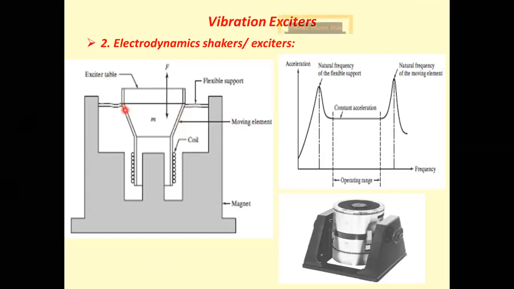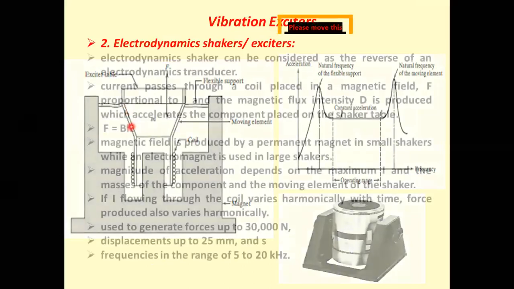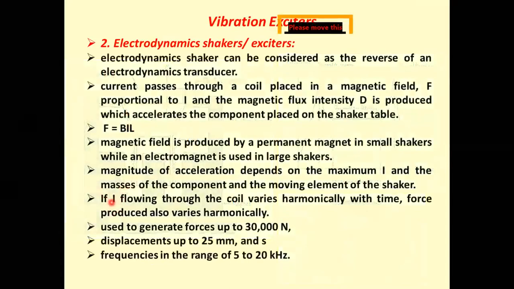If the current flowing through the coil varies harmonically with time, the force produced also varies harmonically. Harmonically means sinusoidally.